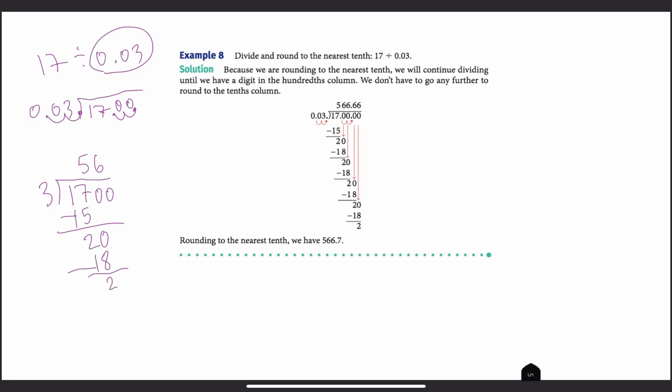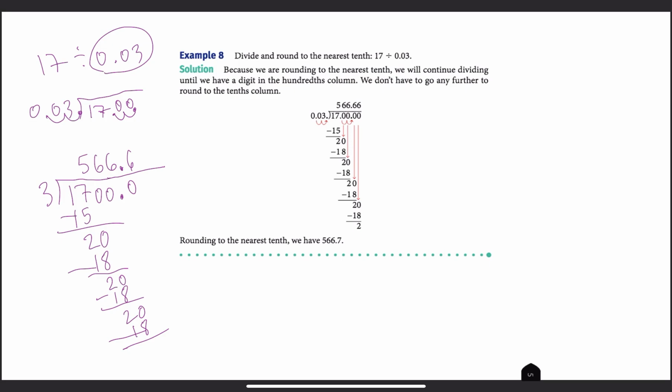Bring down my 0. 3 will go into 20 6 times because 6 3s is 18, and I have 2 left over. So if I were to add a decimal point and add a 0 and bring it down, 3 goes into 20 6 times because 6 times 3 is 18.